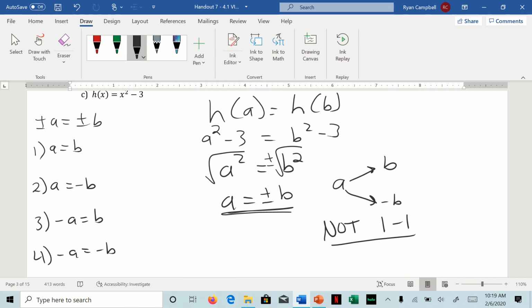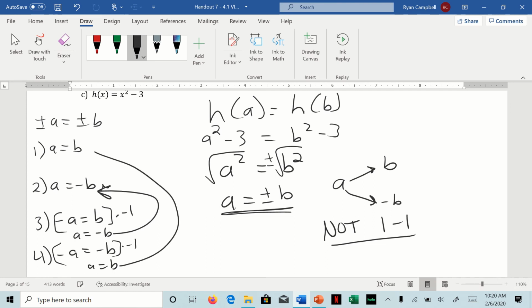But for part 3 and 4, we could just multiply 3 by negative 1 on both sides, and we get a is negative b, which is what number 2 was. For number 4, we can multiply everything by negative 1 and get a equals b, which again is what 1 was.